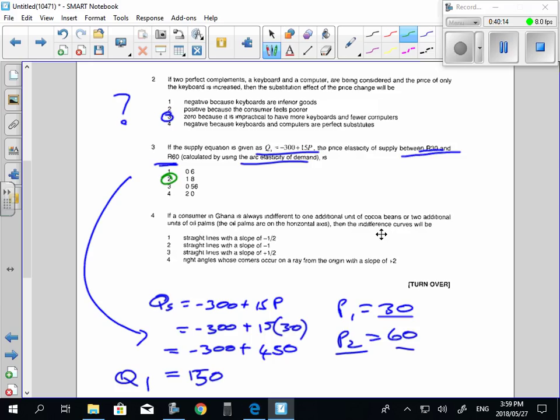If a consumer in Ghana is always indifferent to 1 additional unit of cocoa beans or 2 additional units of oil palm, the oil palms are on the horizontal axis, then the indifference curves will be, all right. So is indifference between 1 additional unit of beans or 1 additional unit of oil palms. Okay?